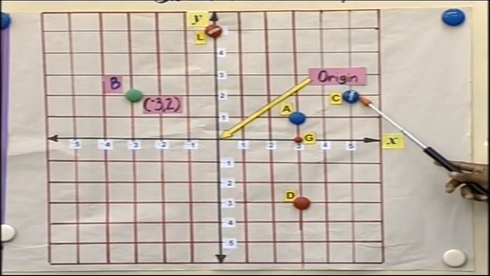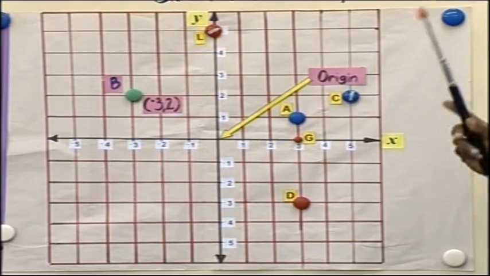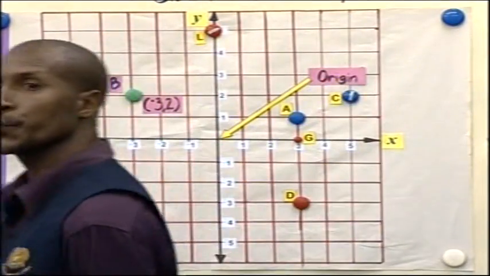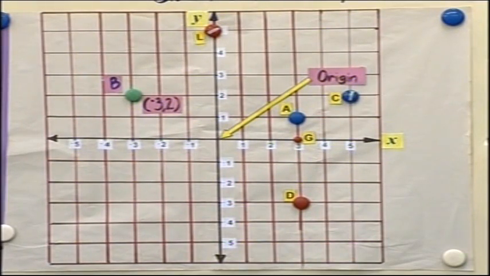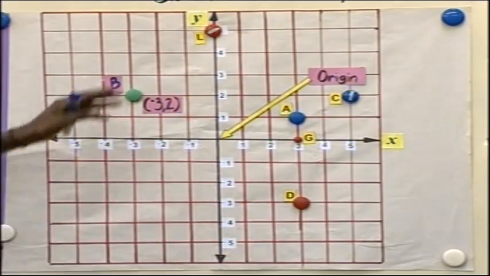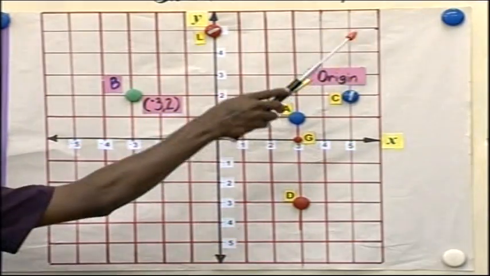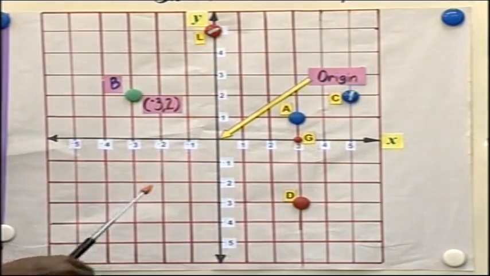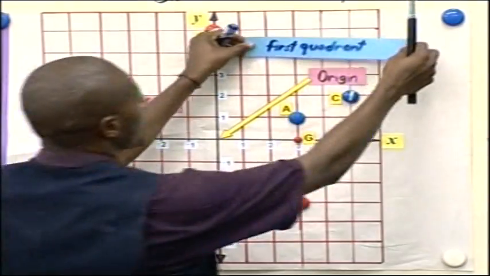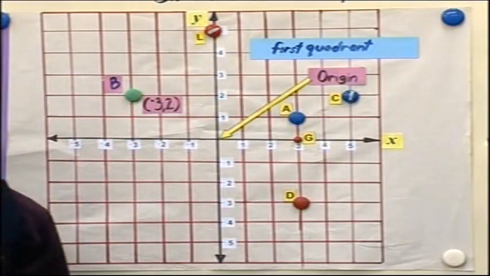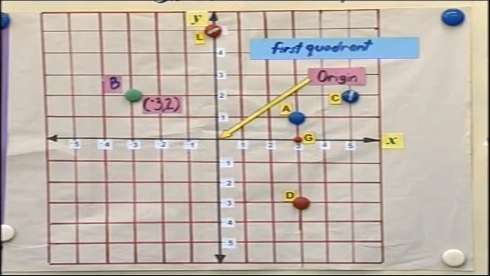4 quarters, yes. Now we come back to what our friend Ruthie has said. The quadrant starts from the right hand top corner. So this quarter here becomes the first quadrant. And this quarter becomes the what?